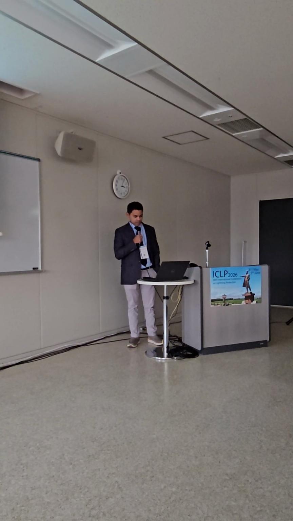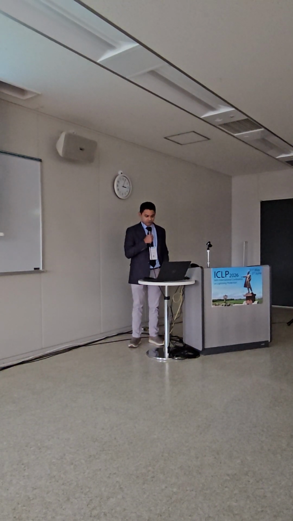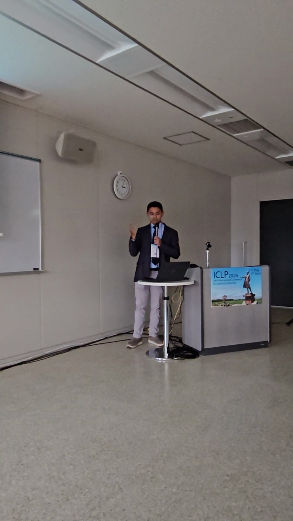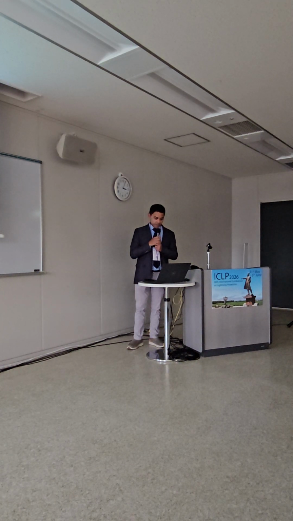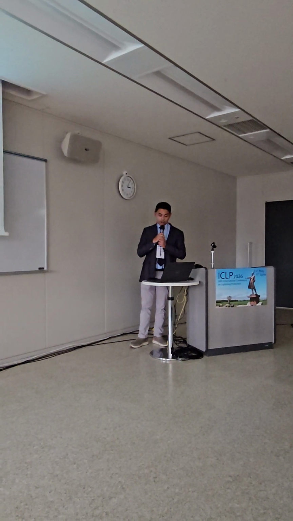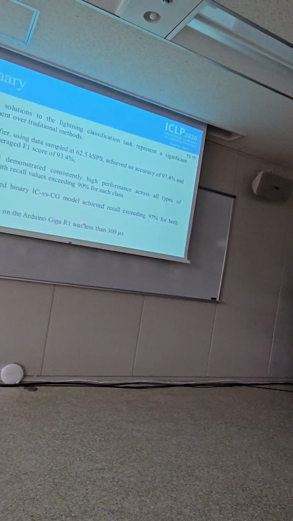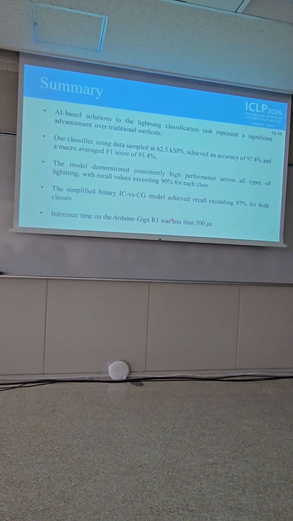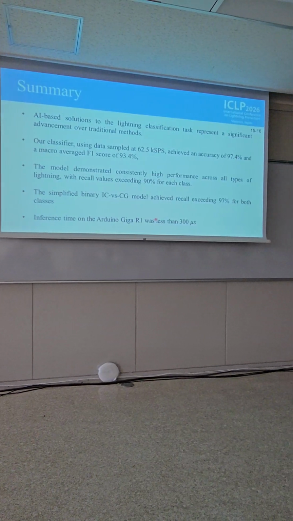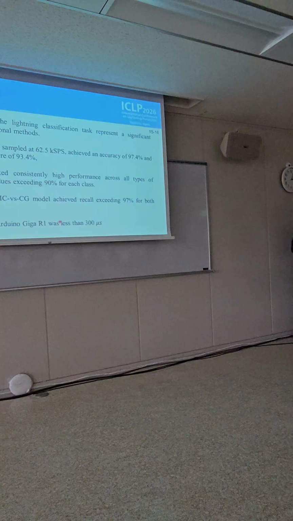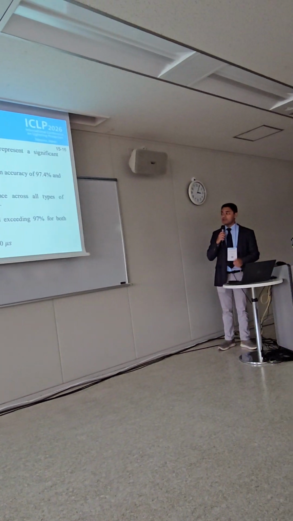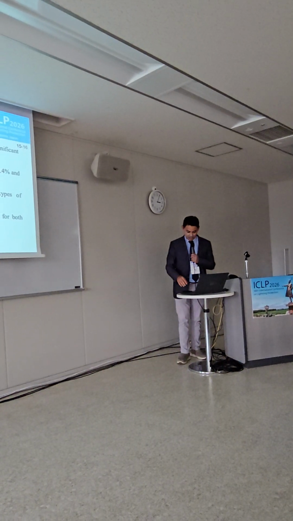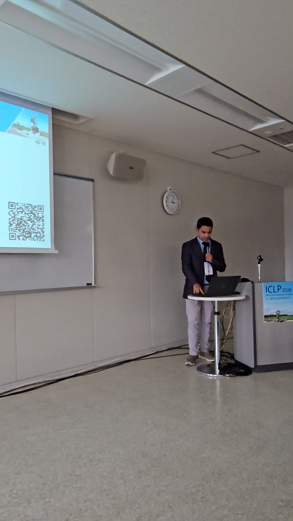The model showed very high performance across all types of lightning flashes that we include in our data set. For the simplified binary model, which is applicable to lightning counters, we had a recall exceeding 97%, and the classification time is less than 300 microseconds for the microcontroller that we applied here.